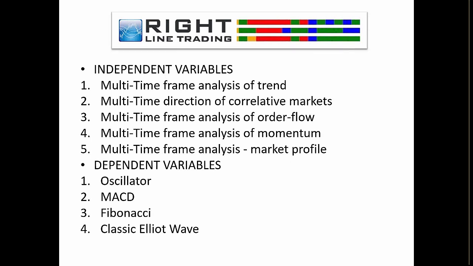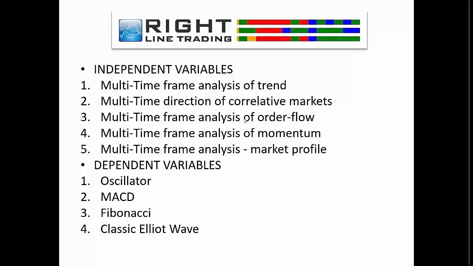So the independent variables, or the variables that determine the future movement of price, are the multi-time frame analysis of trend. The other is the multi-time frame direction of correlative markets. I'm going to show you how these are directly related to money flow.